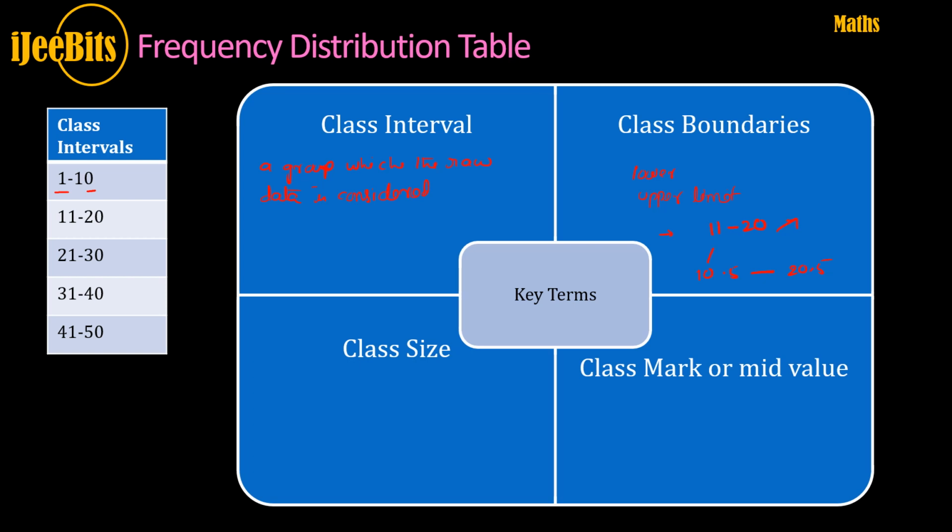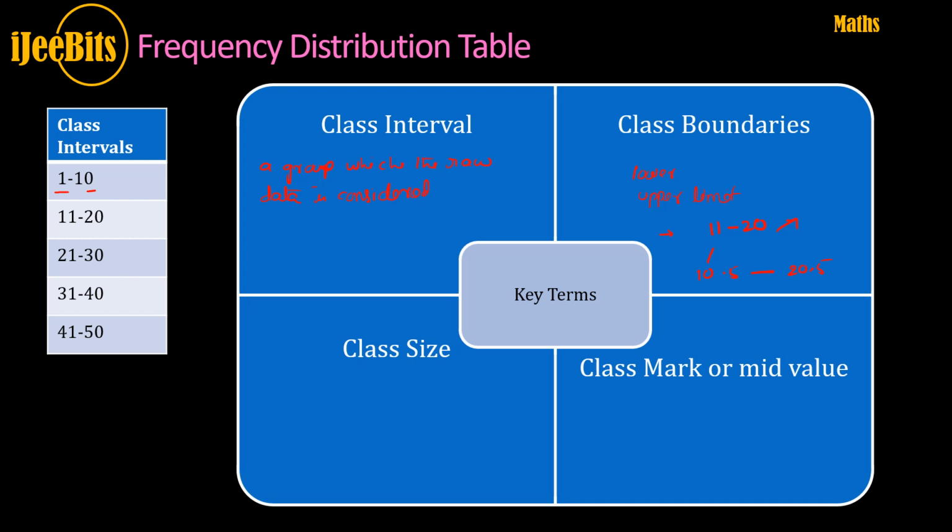Next thing is class size. What is meant by size? Size, width, height, whatever it is. If you look at 11 to 20, that's 10. So this is what you call the size, basically.